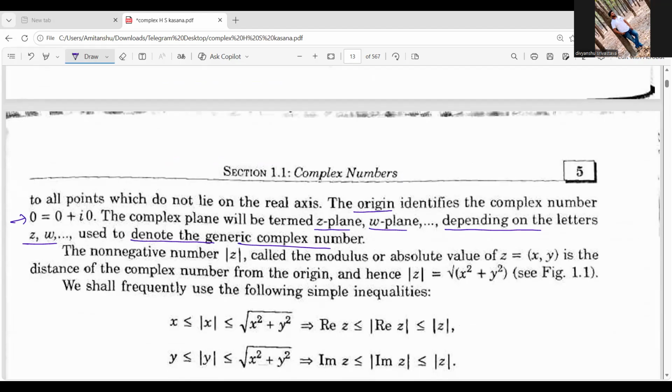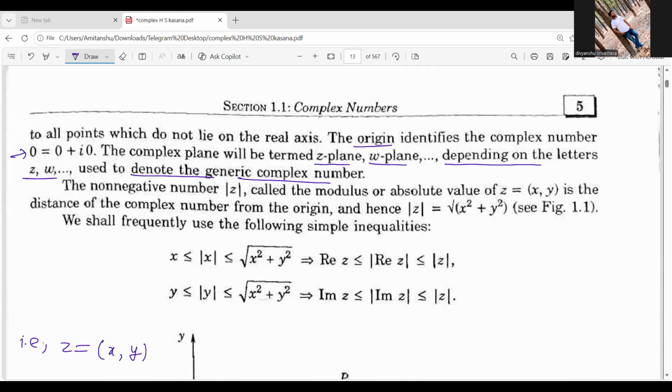So the non-negative number modulus z is called the modulus or absolute value of z. Here I have some notes about modulus, vectors and moduli. I think this section will help you a lot in understanding vectors and moduli. In this section I am telling you the distance of a complex number.